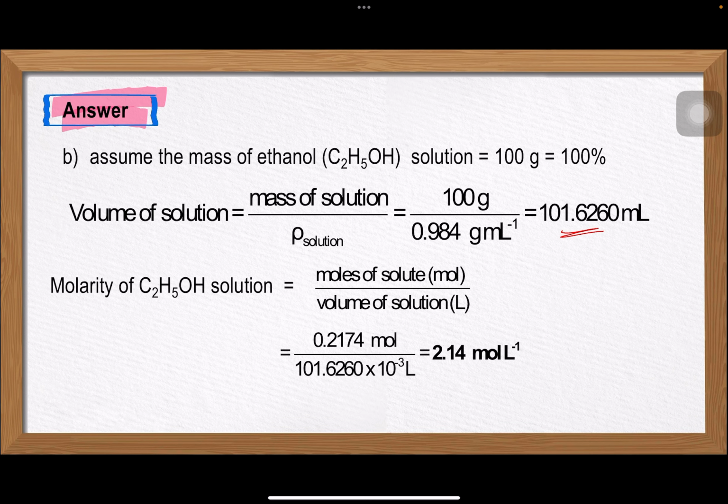And then C, volume of solution. Calculate the volume of solution that contains 0.125 mol of ethanol. How much volume of solution needed to have 0.125 mol of ethanol?